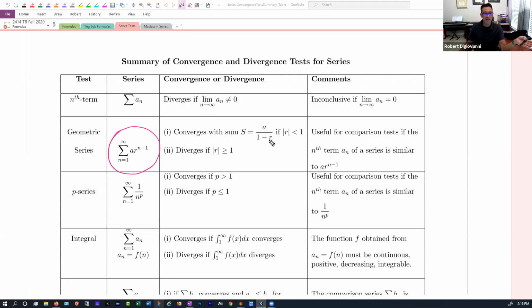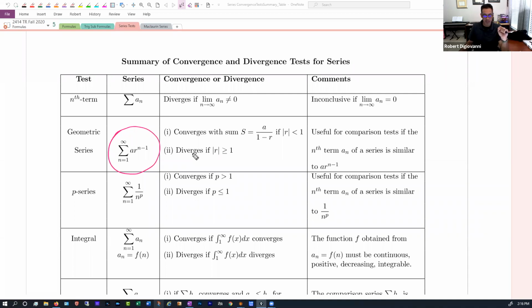Isn't that what we just got? A over 1 minus r? That will happen as long as the absolute value of r is less than 1. Now, if the absolute value of r is bigger than or equal to 1, this series will diverge. Okay?